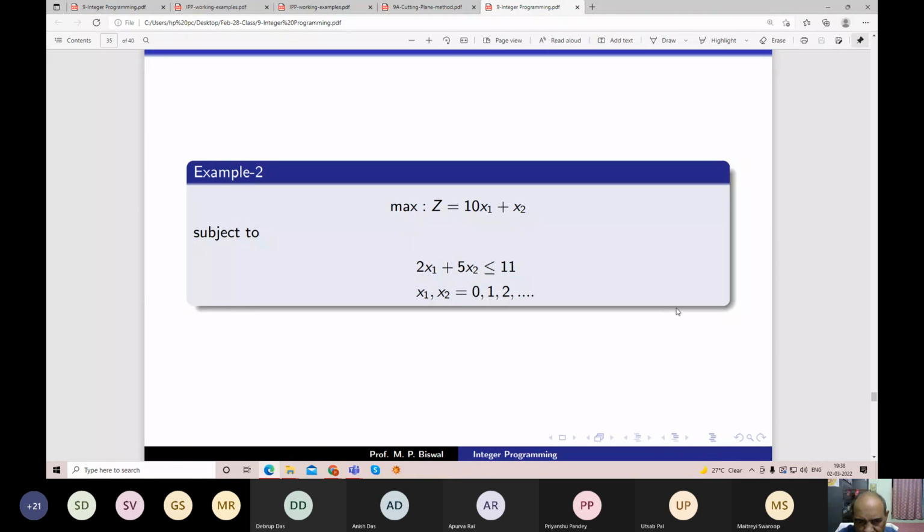The objective is 10x1 plus x2, and we have the constraint 2x1 plus 5x2 less than or equal to 11.